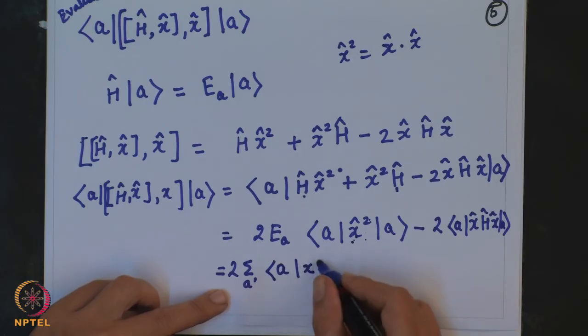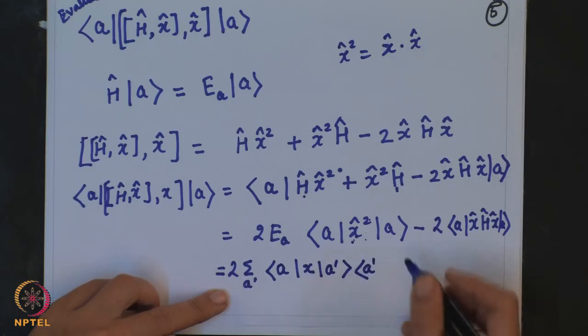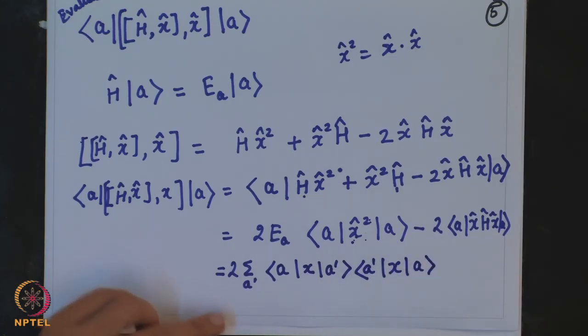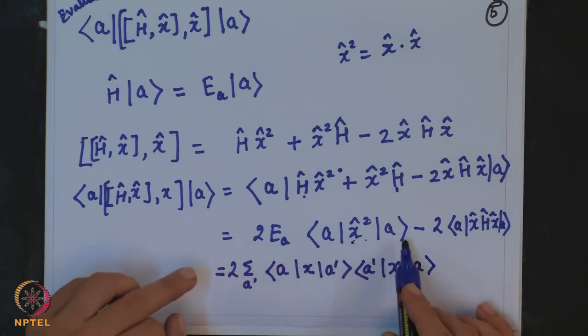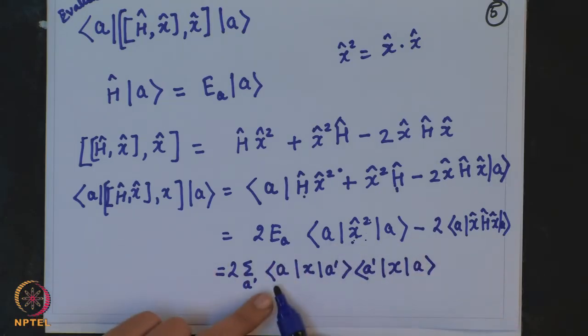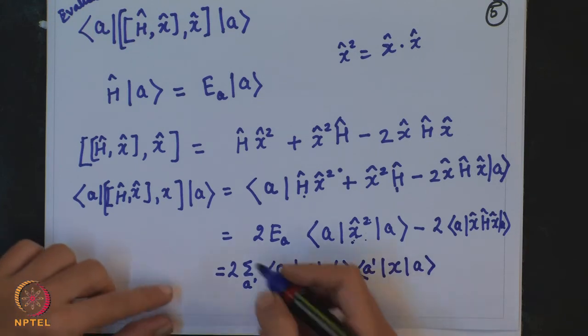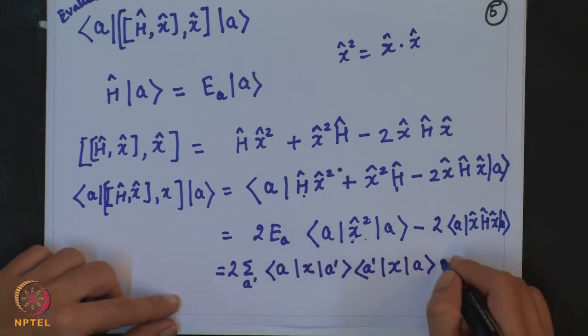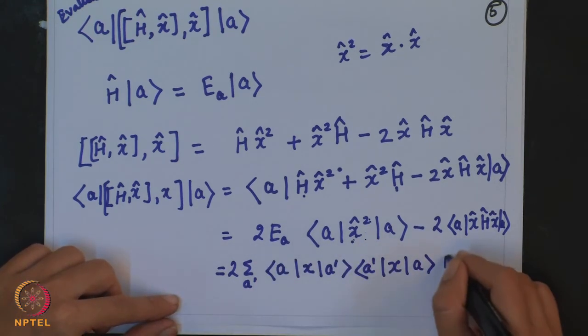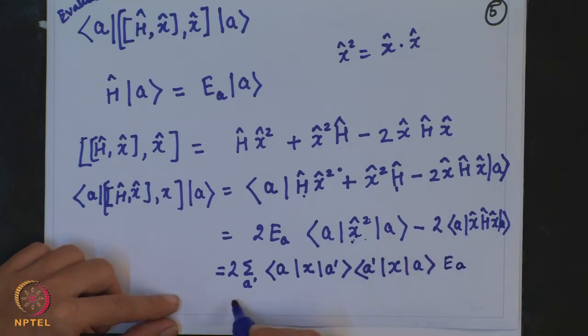So, I have one x A prime x A. This will be the first term, which will give me this first expression, and I have E A also. So I will write it here, E A minus the second term.